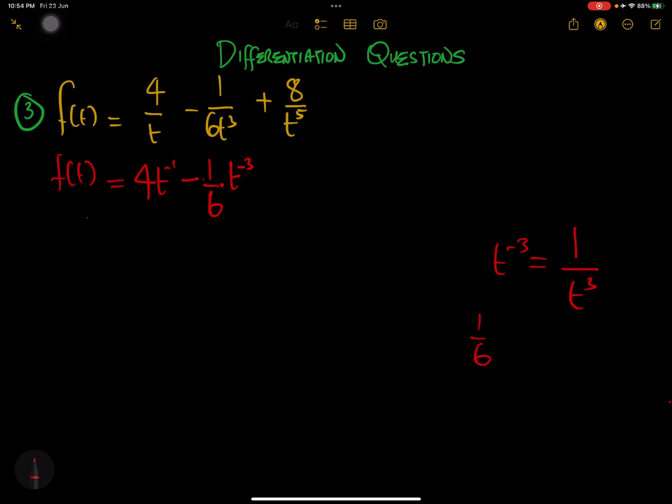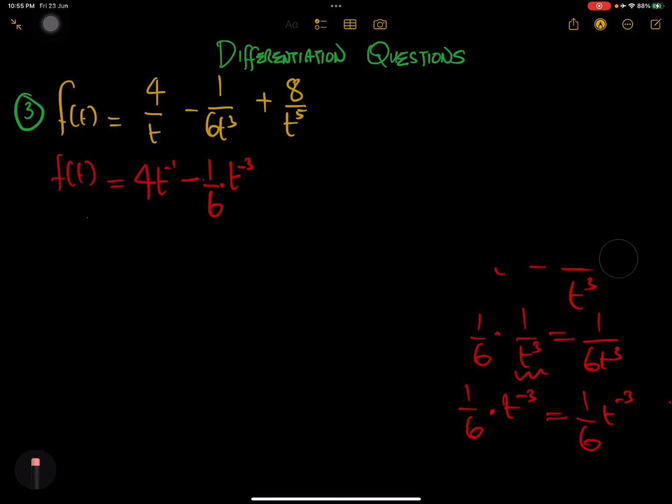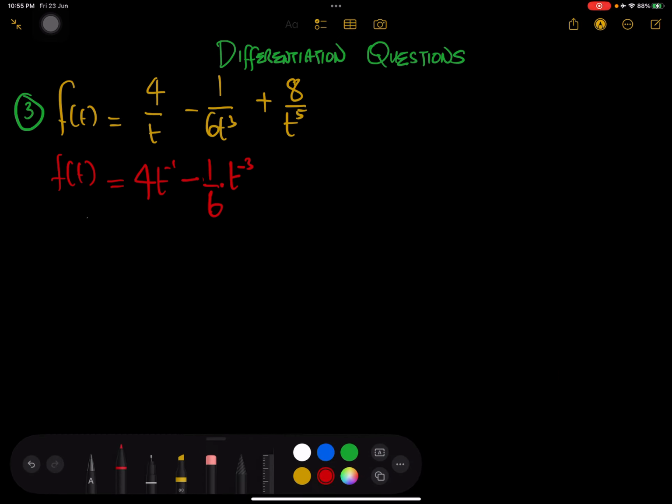So 1 over 6 multiplied by 1 over t cubed is what's giving us 1 over 6t cubed. So 1 over 6 multiplied by this will give us t to the power negative 3, and that's where we are getting that from. I hope the tricky part on algebra is coming out well for you.